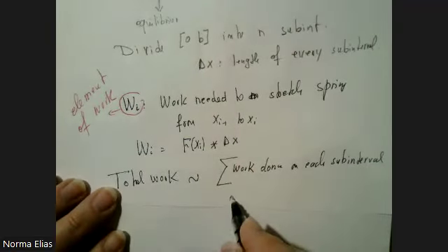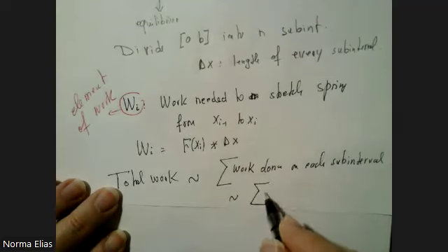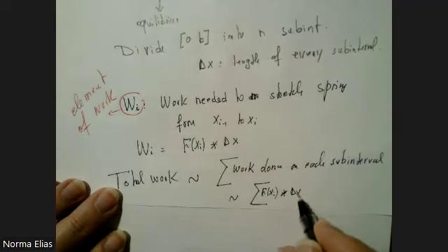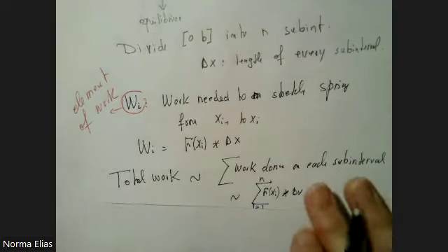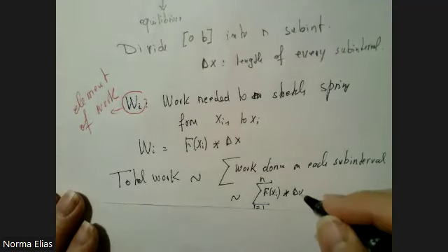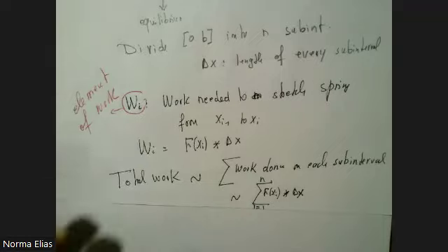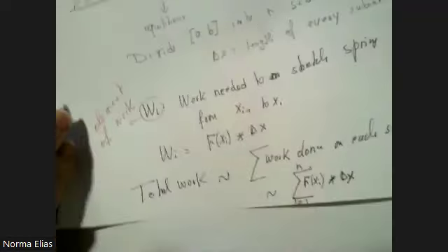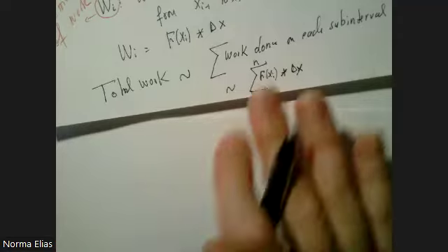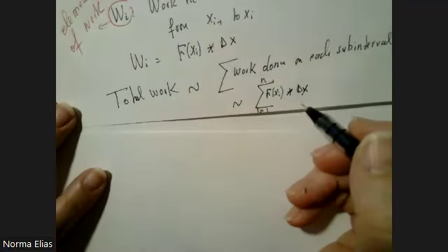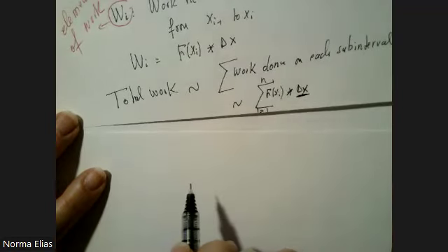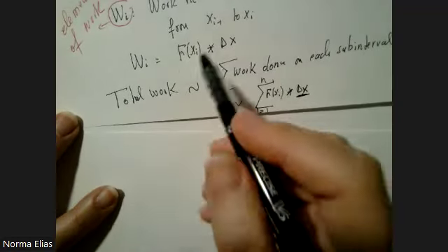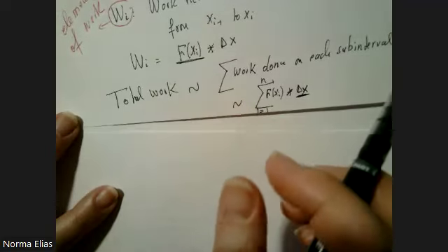So this is going to be almost equal to the sum of the force at xi times delta x, where i goes from 1 all the way to n. And this is the Riemann sum that we're always after. So the work is now equal to, when n goes to infinity, meaning when delta x becomes very, very small, the smaller the delta x, the better our approximation, because we are assuming the force is not changing on a subinterval.